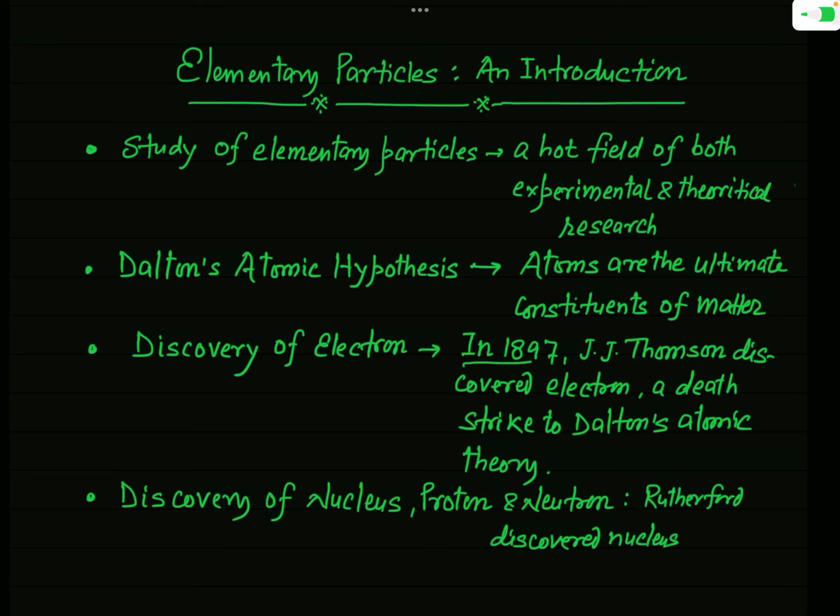In fact, the studies and discoveries of elementary fundamental particles started after the completion of the structural picture of the atom, in which Rutherford's experiments and Bohr's ideas in the early 20th century established that the atom consists of a positively charged nucleus, and the electrons revolve around it.